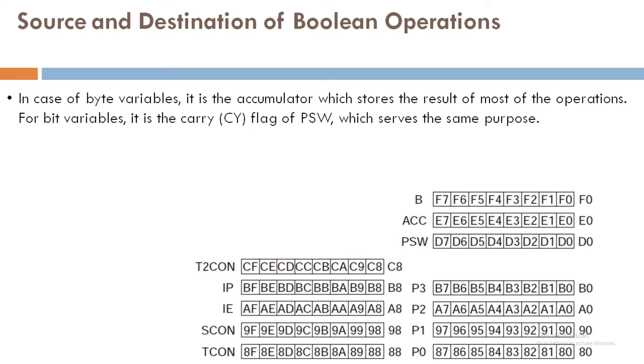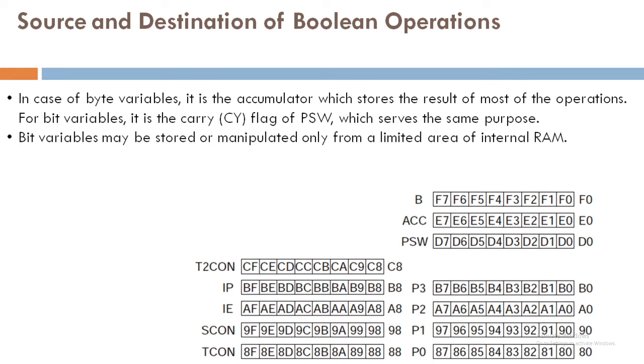Now in the case of byte variables, it is the accumulator which stores the result in most of the operations. In MCS 51, in most of the operations, the results are usually stored in the accumulator. And for bit variables, it is the carry flag of the PSW which serves the purpose.